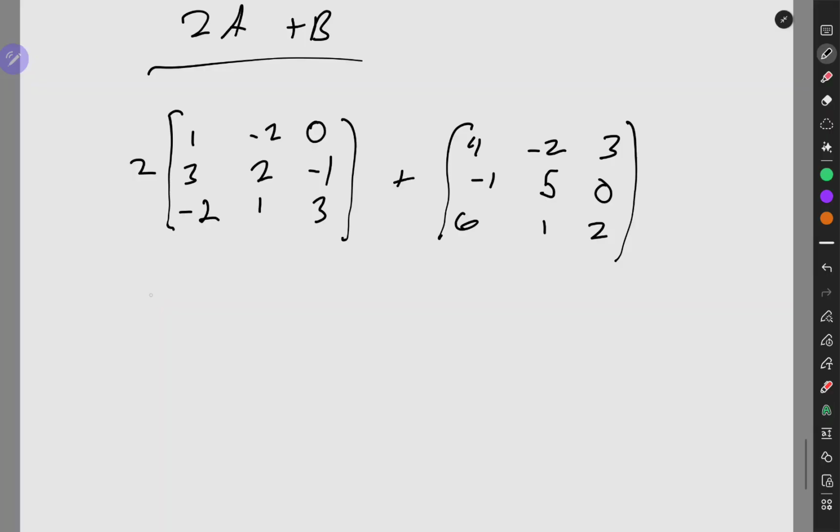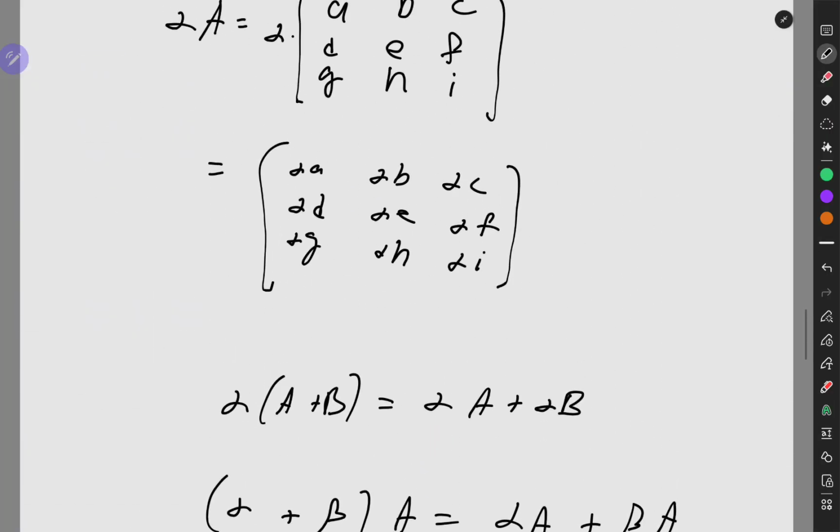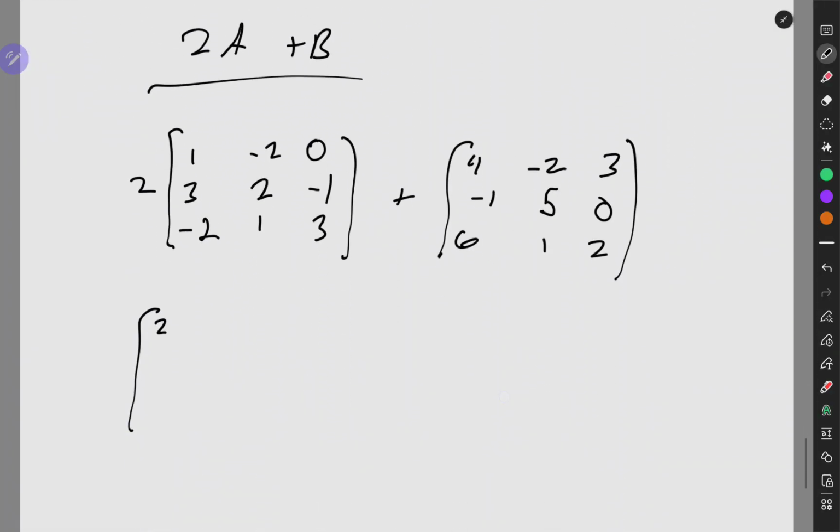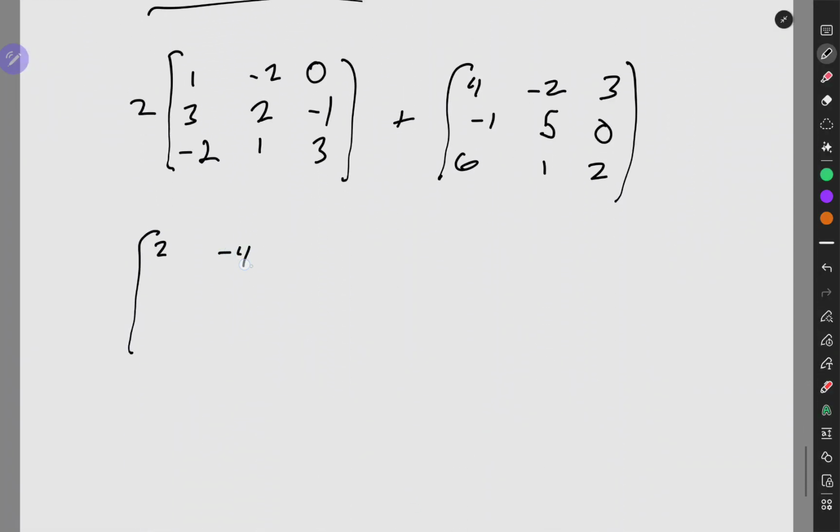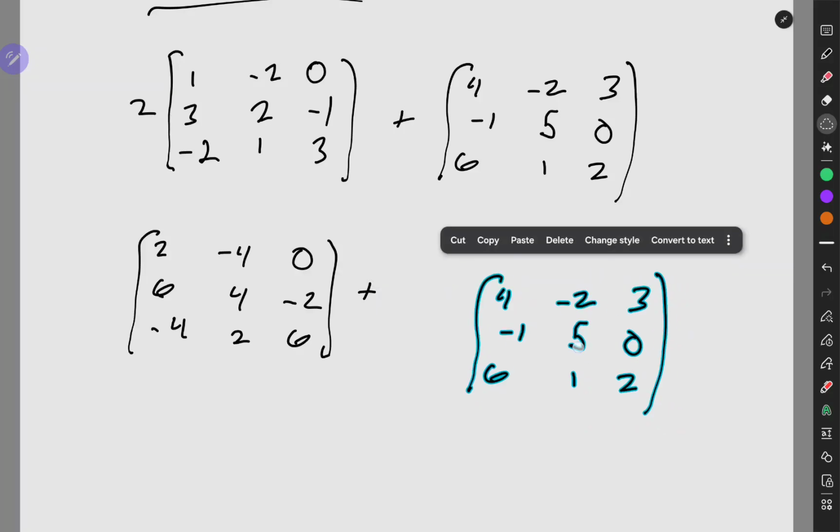So then this would become 2 times negative 4, 0, 6, 4, negative 2, negative 4, 2, 6. This is the property we just looked at up here with the alpha property. And then we still add this one here. Just might as well copy it. Perfect.